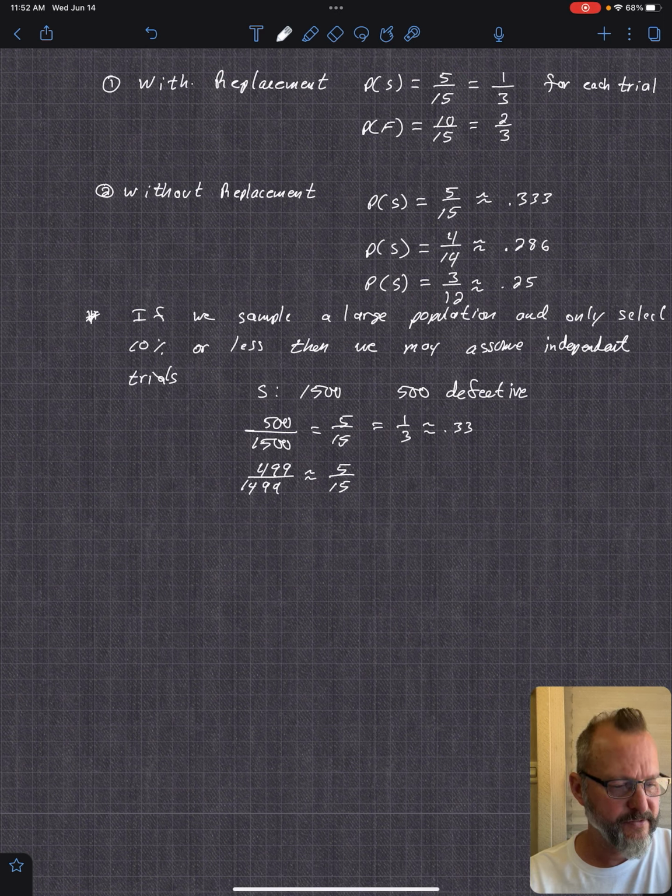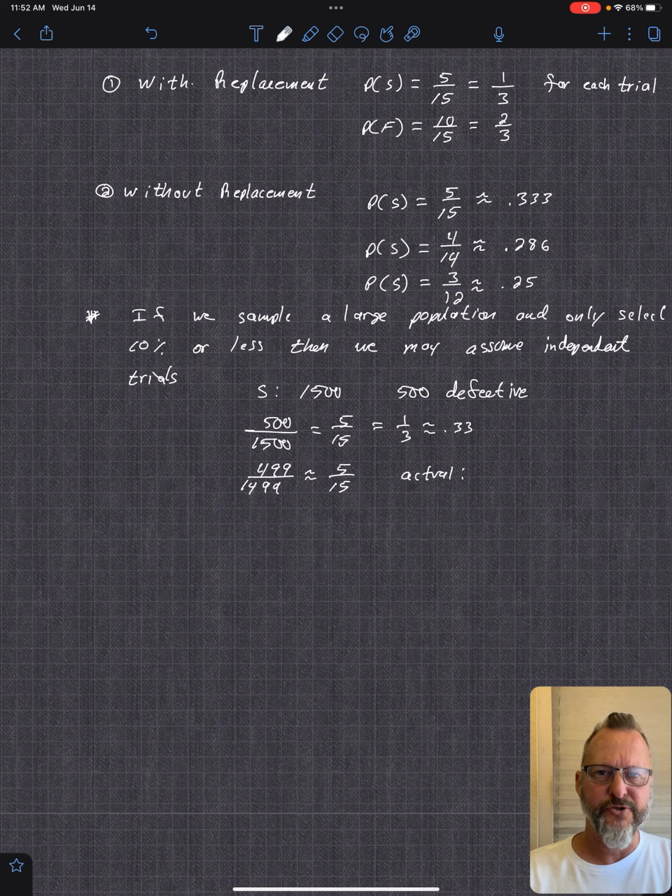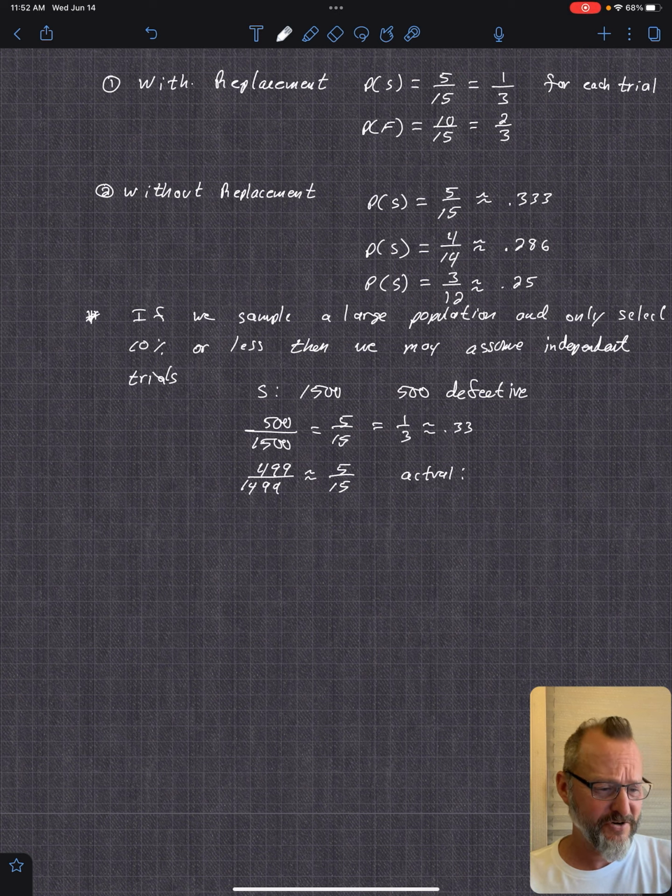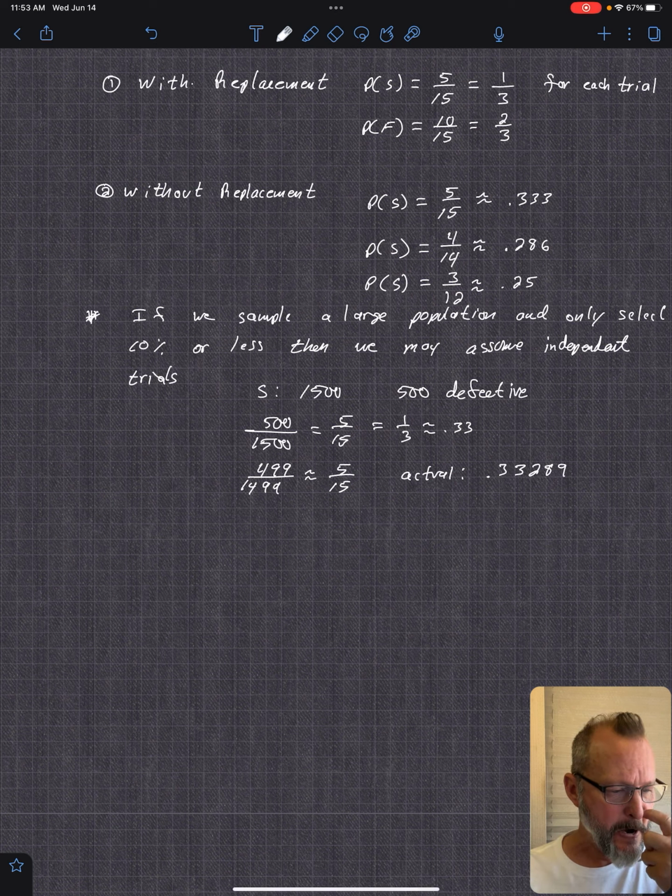Now I'm going to do the actual: 499 over 1,499. If I divide, I get 0.33288. That's pretty darn close, right? So the actual is 0.3329 if you're rounding. Those are the same.